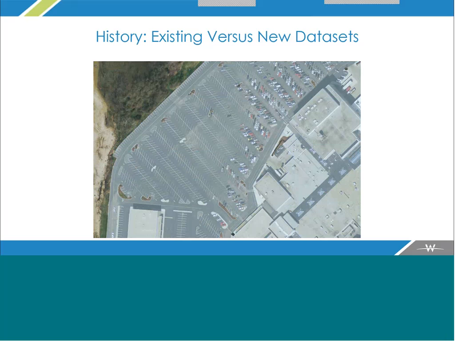So if you use the existing data set, you would be underestimating the square footage of impervious area in this parking lot, because you would expect that there were a lot more parking islands than there are. Now with the new data set, you get a true picture of exactly what the coverage of impervious is. And this allows you to truly measure and to provide an accurate accounting of the impervious surface for this parking lot. So not only is it accurate, but it's also fair.